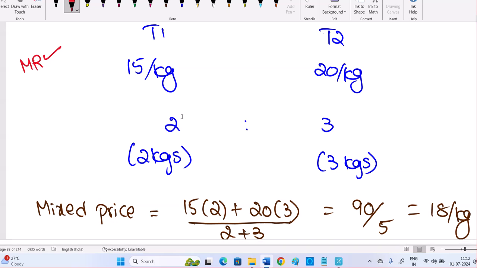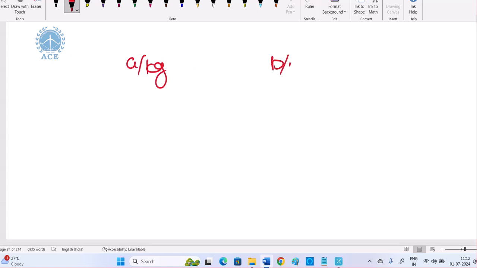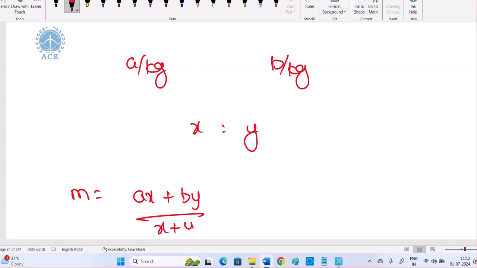I am giving you the idea: suppose the first one is A per kg, the second one B per kg. You mixed in the ratio X is to Y. Then the mean price is (A into X plus B into Y) divided by (X plus Y) when there are two varieties. If you have three varieties, what will be the formula then?